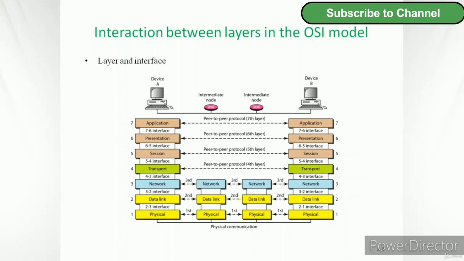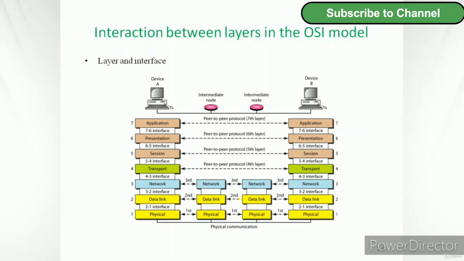An entity is a specialized module of the layer, and entities comprising the corresponding layer on different machines are called peers. For example, a workgroup means there is no hierarchy, all are equal, no administrator responsible for the network. It is peer to peer, or we can say peers.